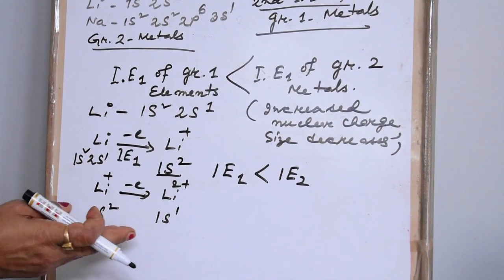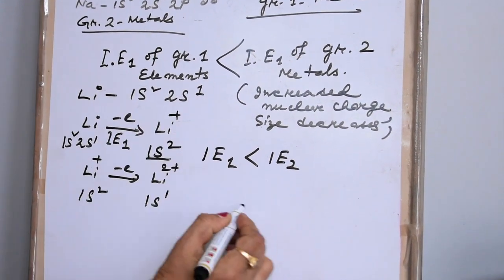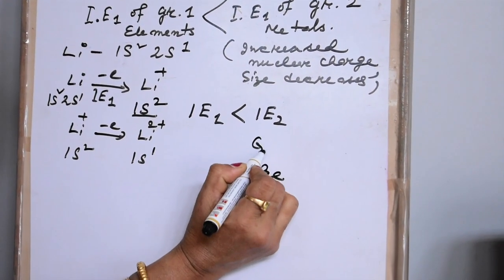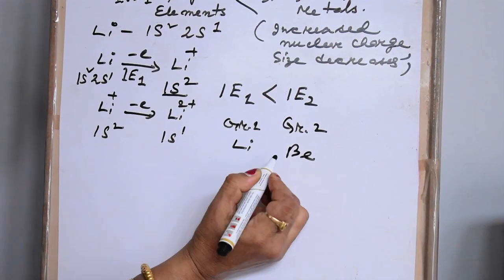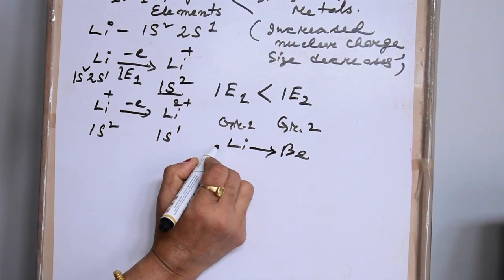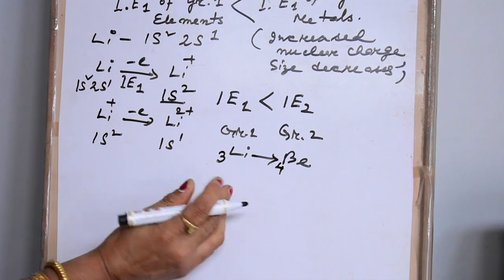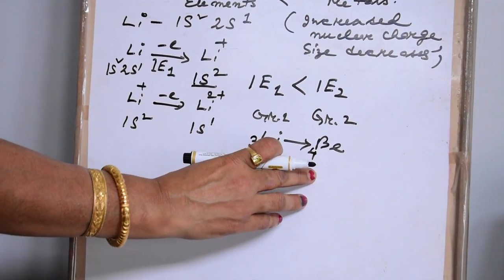We know that beryllium, the first element of group 2, and lithium, of group 1, differ as follows: the nuclear charge increases. This is the atomic number 3, atomic number 4. The nuclear charge increases in case of beryllium.